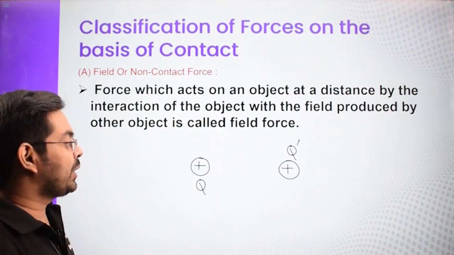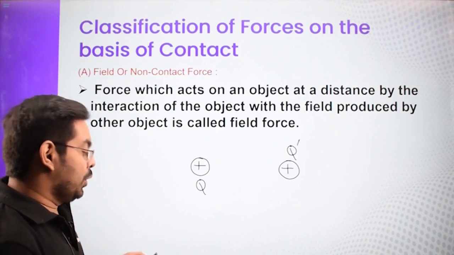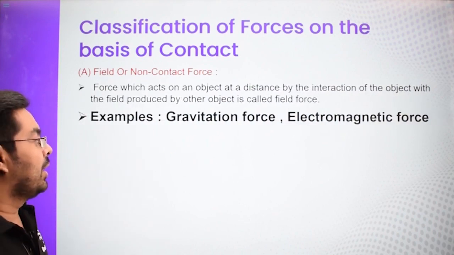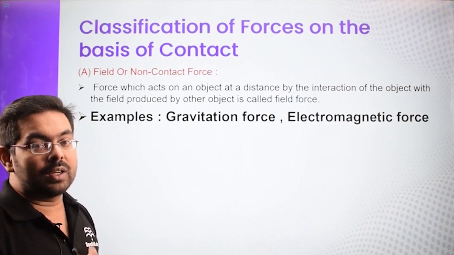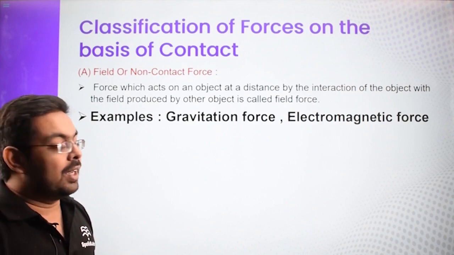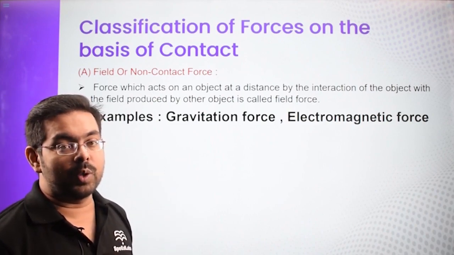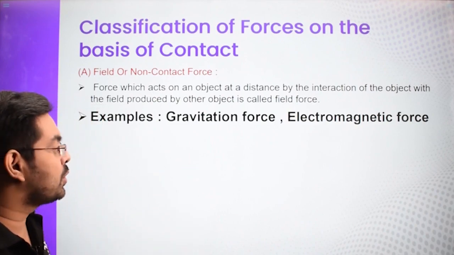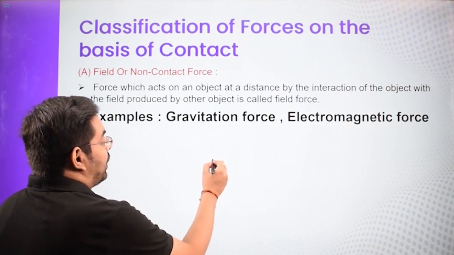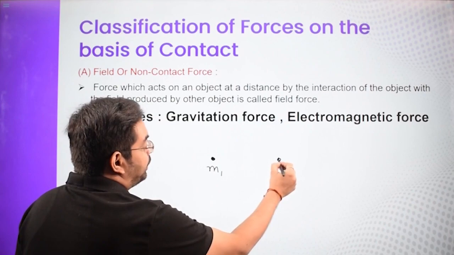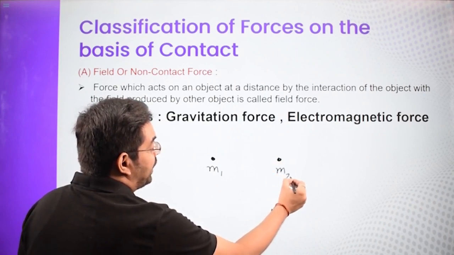These are types of forces you must have studied. Which ones are they? One of the non-contact forces is gravitational force, and the other is electromagnetic force. In gravitational force also, no contact is present between the particles, and still the forces come into play.